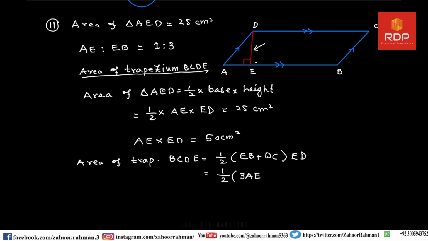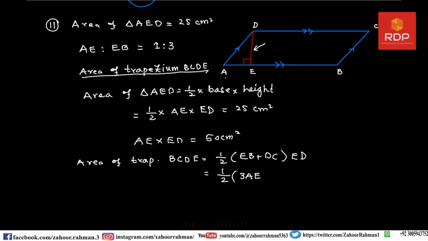They have given us the ratio 1:3. So now you can see that EB is 3 times AE. So we wrote EB is 3 times AE.